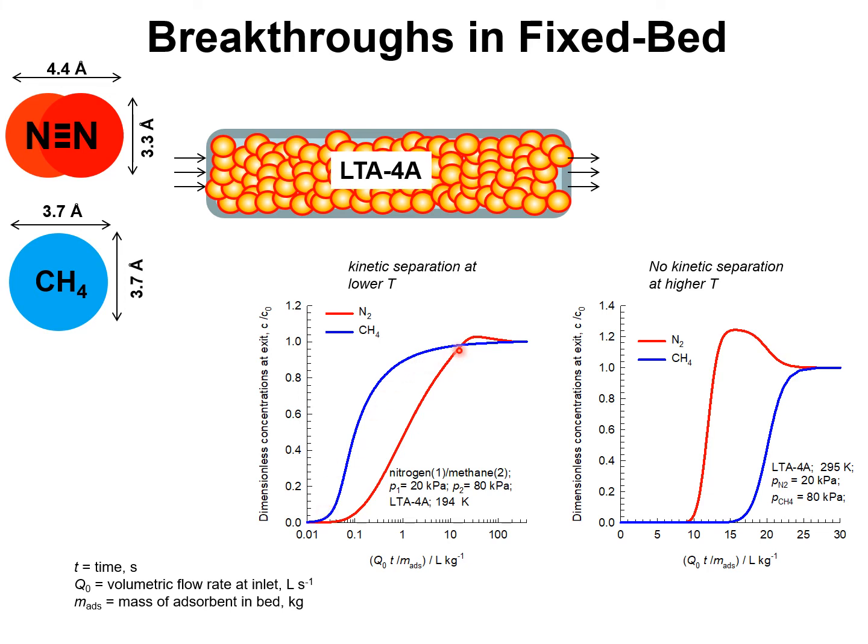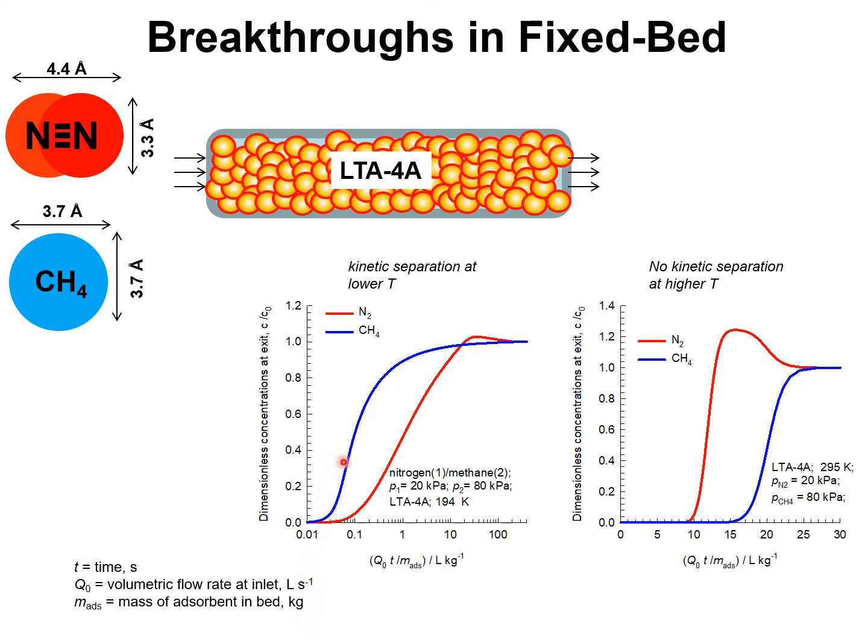The blue line is the breakthrough of methane that occurs earlier, and the red line shows the breakthrough for nitrogen. This is the dimensionless concentration at the exit, and the x-axis is a parameter in which t is the time in seconds, Q0 is the volumetric flow rate at the inlet in liters per second, divided by the mass of the adsorbent in kilograms.